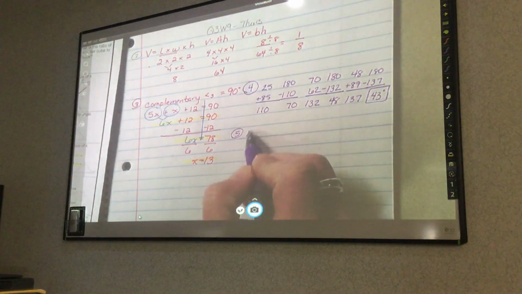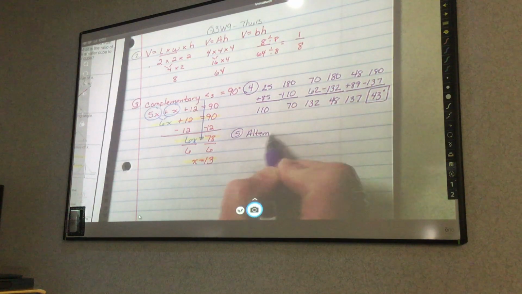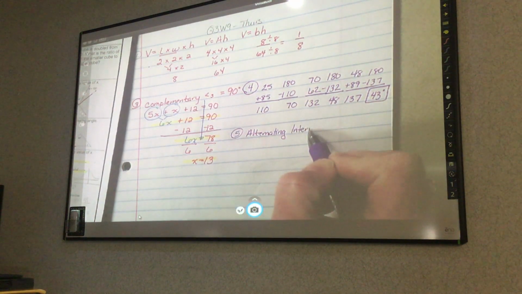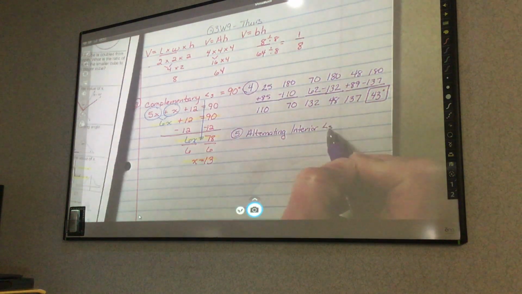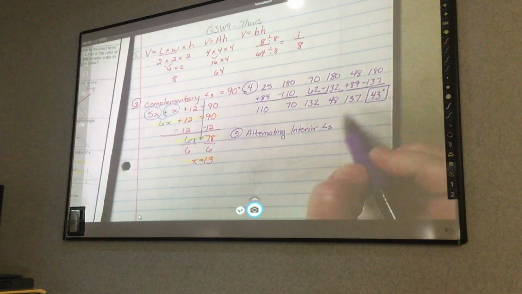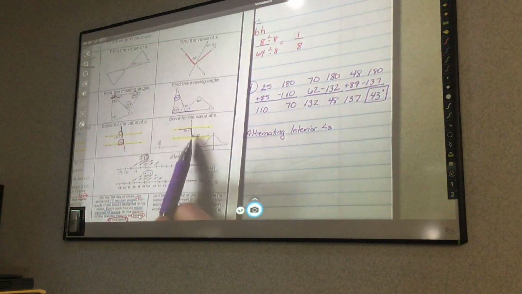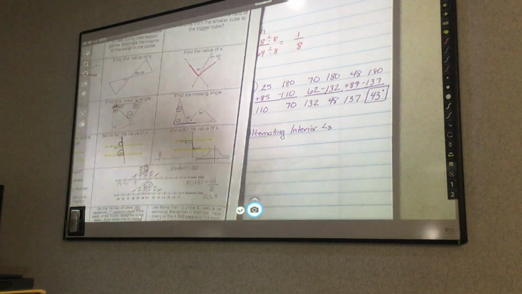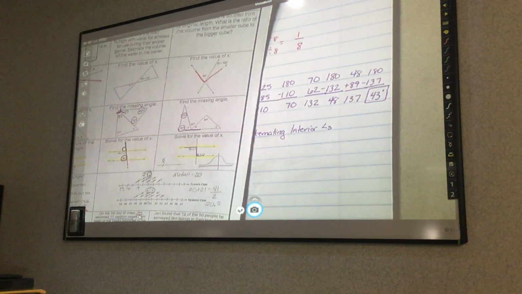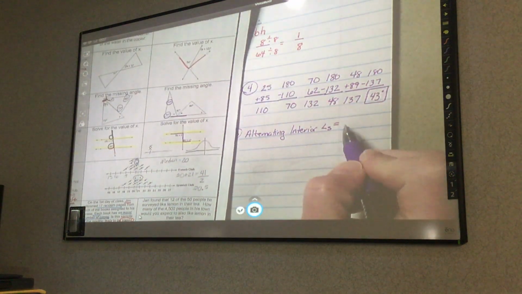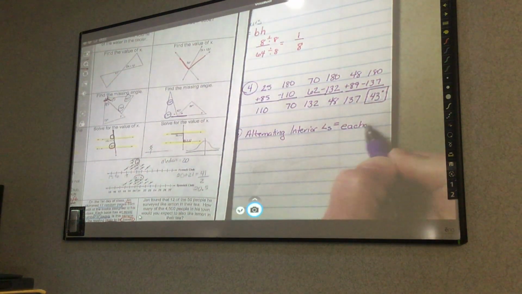So you need to write that down. Alternating interior angles. And what's the relationship of them? Do they equal 90? Do they equal 180? Do they equal each other? Guys, what do they do? Okay, write that down. Equal each other.